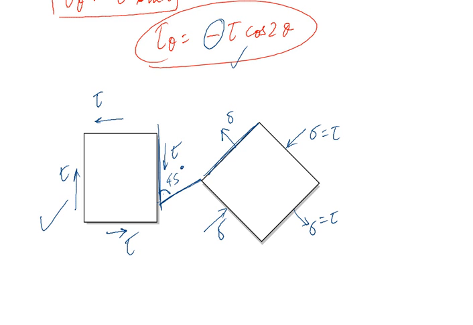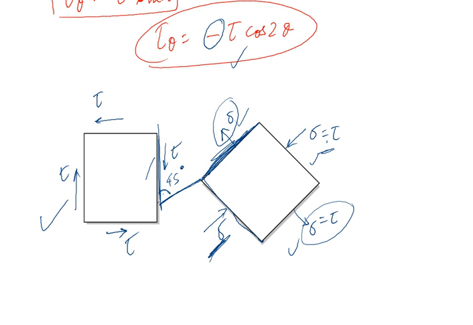On a plane at 45 degrees to this plane there will be a stress sigma, which will be numerically equal to tau. And perpendicular to this plane you will have another plane on which there will be stress sigma acting, again numerically equal to tau, but both these stresses will be opposite in nature.